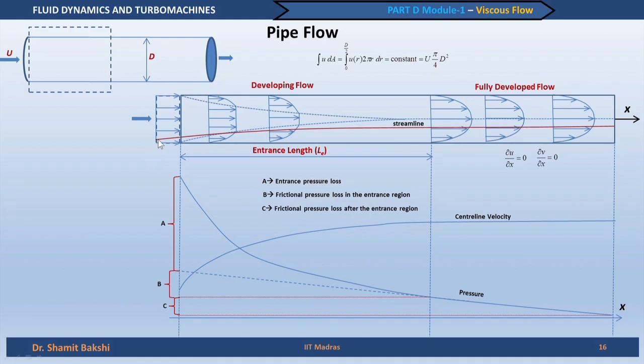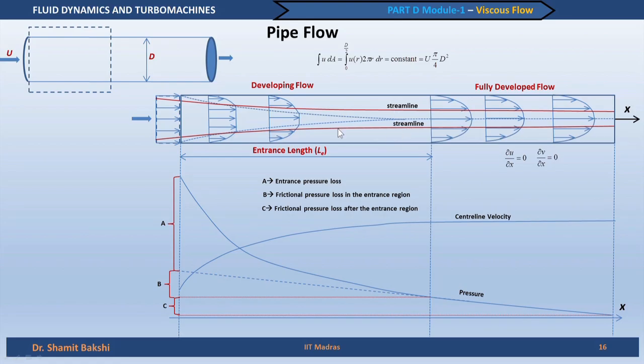It comes as a uniform flow and it gradually moves away from the wall. If we draw a similar streamline on the other side, we will see that it also bends. So, basically as the flow takes place through the pipe, the streamlines from both sides come closer. What it means is that the flow is trying to avoid the wall and move towards the center.